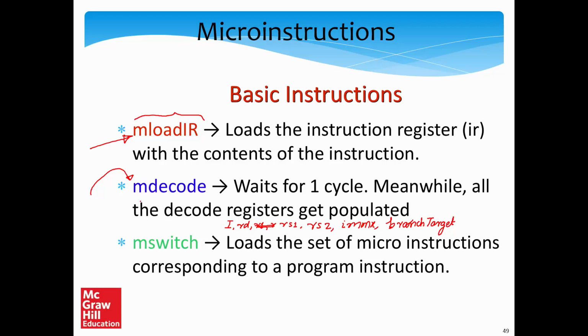Subsequently, once we have decoded, we call the M switch micro instruction, which loads the set of micro instructions corresponding to a given program instruction, a simple RISC instruction. For example, if the program instruction is add, we will know that it's an add in the decode stage. This will go to the microcontroller, which will load the set of micro instructions into some internal storage, such that for an add instruction, we can execute all the micro instructions that correspond to it.